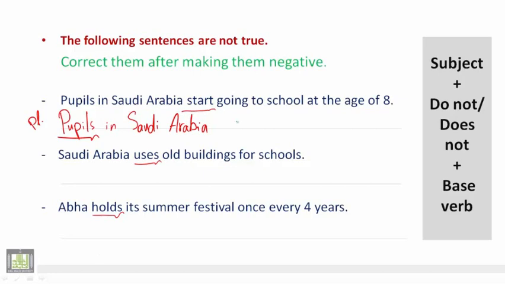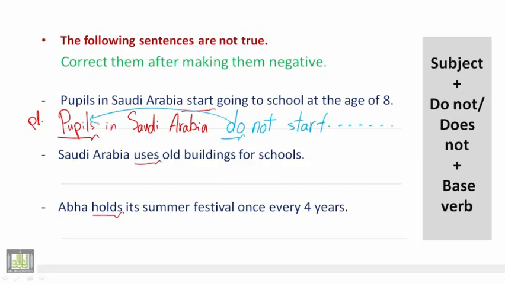So we say do and then we use not. Do not start, etc. Okay, so we used do, not does, because we have plural subject. So using do in the negative as an auxiliary verb before not is due to having a plural subject or noun.